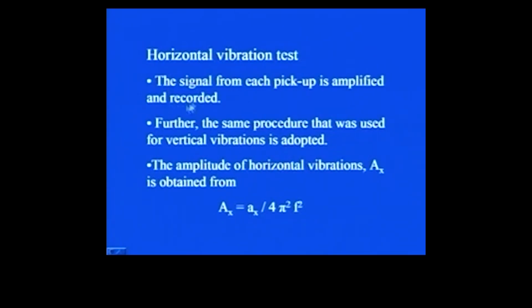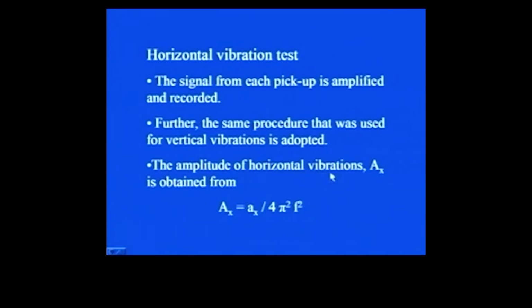So once this is there, you fix an eccentricity setting value and then you get the value of acceleration. You find out the amplitude, you then plot the amplitude versus frequency curve to know the natural frequency of the system.